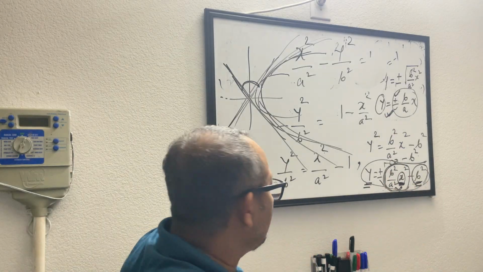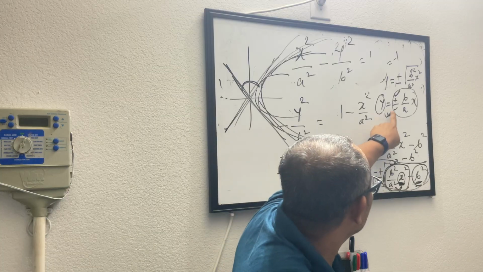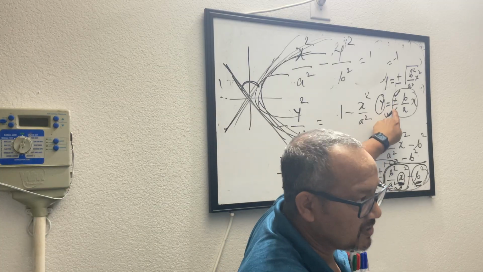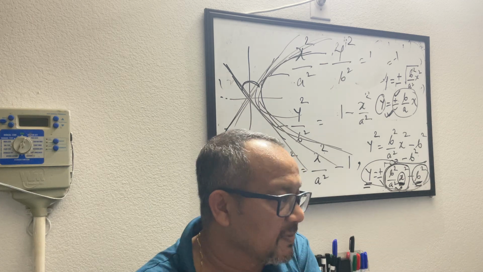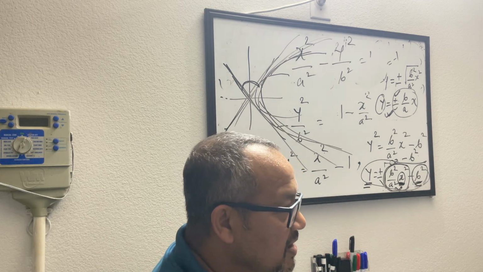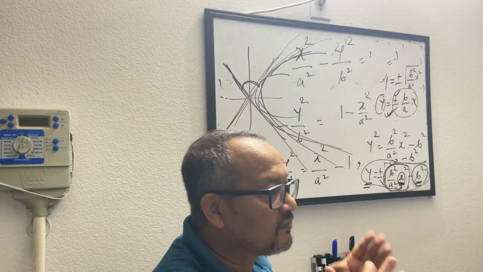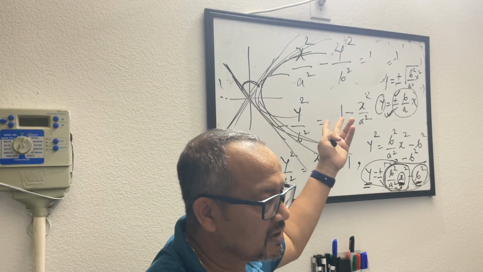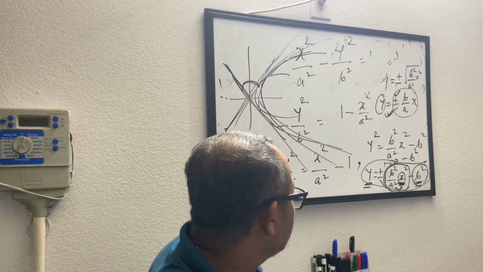So one has a positive slope, one has a negative slope. It may or may not be perpendicular, let's keep aside the perpendicular part here. But one is a positive slope, one is a negative slope, and one positive and one negative multiplied gives you a negative. So you have two asymptotes here.